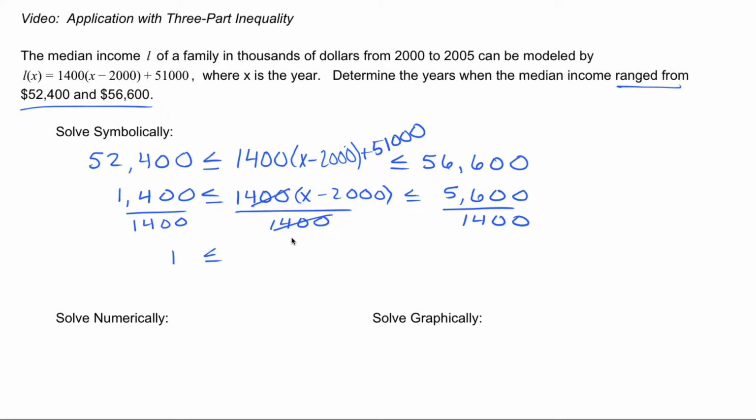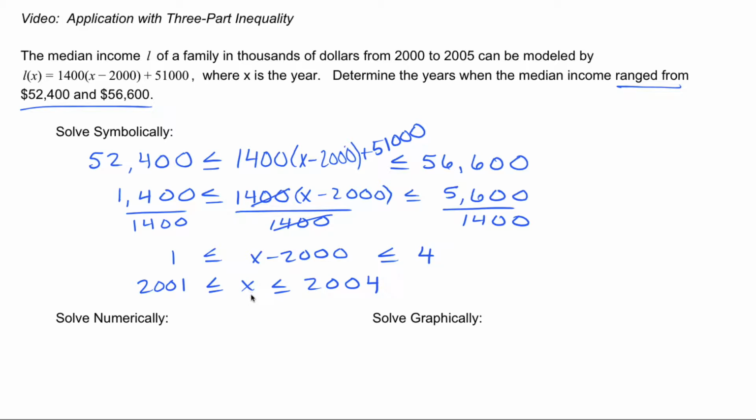Well, 1,400 divided by 1,400 just makes 1, so I'm left with x minus 2,000 is less than or equal to 5,600 divided by 1,400, which is 4. Now we just need to add 2,000 to all three sides, so I get 2,001 to 2,004.